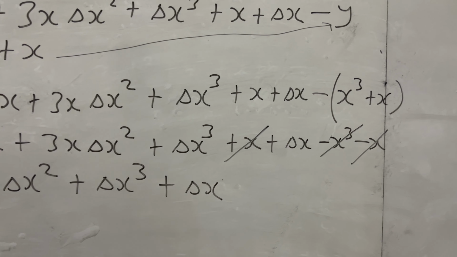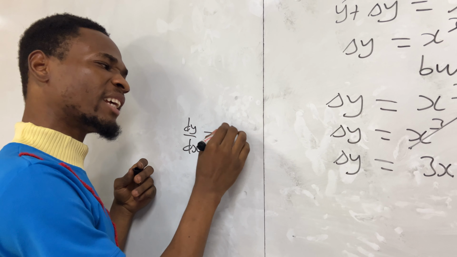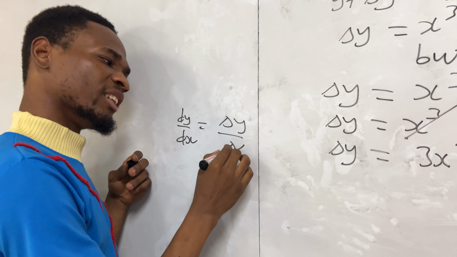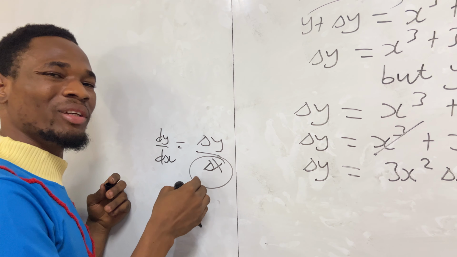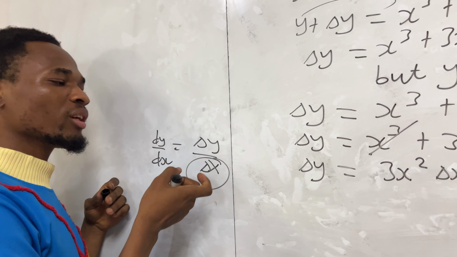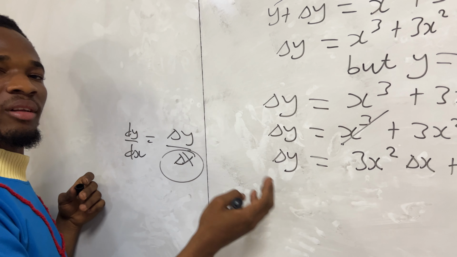As simple as that. Now when you get here, realize that we are finding the gradient. Gradient is dy over dx, change in y over change in x. So therefore we need change in x to be the denominator. How can we incorporate this over here? Unless we divide through by delta x.